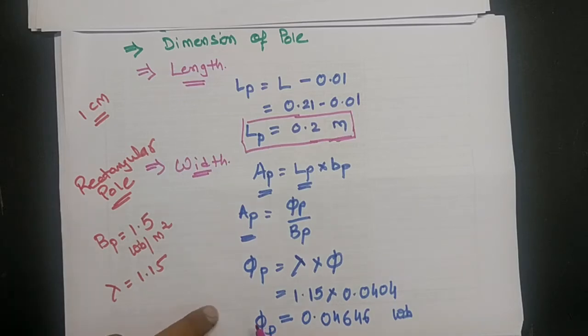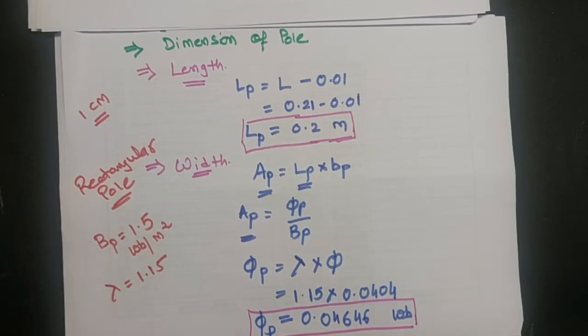Now based on this value, we'll be able to calculate area of the pole.